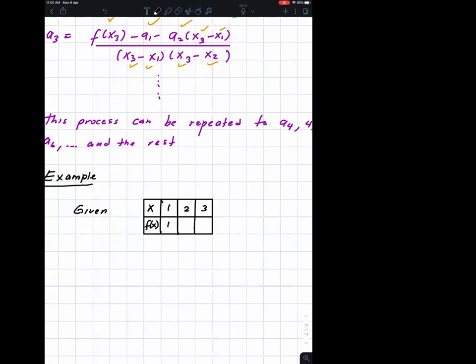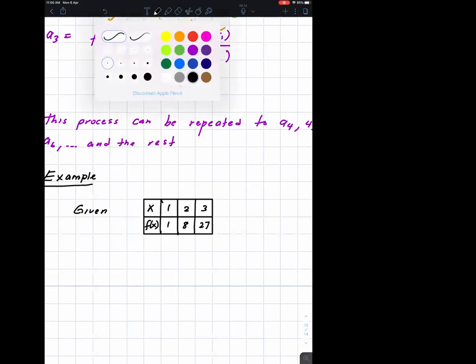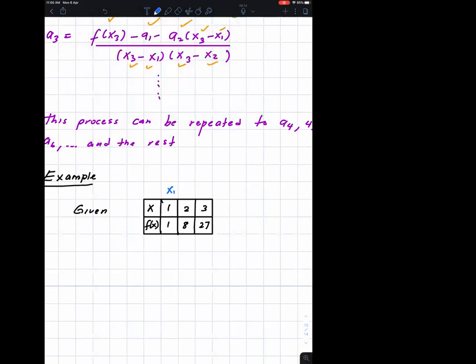When x is 2, fx is 8. When x is 3, fx is 27. So this is x1, x2, x3, and what's inside here is fx1, fx2, fx3. Given this, you want to find the polynomial. The first thing you want to do is to find the coefficients.